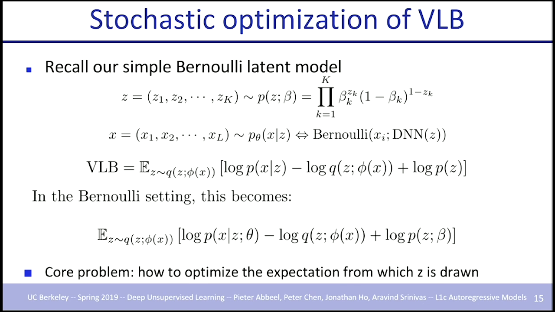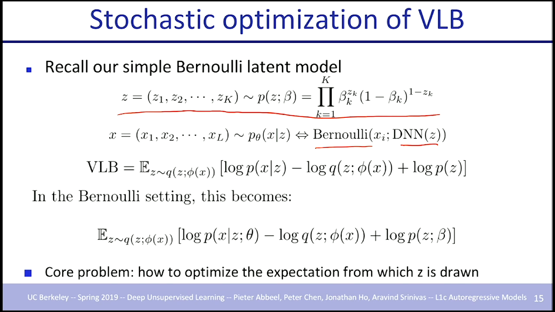Okay, so knowing what we know now, let's go back to our simple Bernoulli latent variable model, where you have k of z and you sample from some factorized Bernoulli distribution. Then you also have some neural net that maps from the latent space into coefficients of the observation space, which is again a Bernoulli distribution.